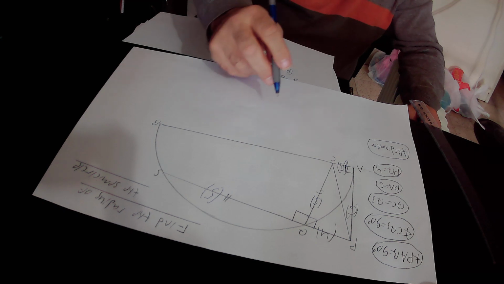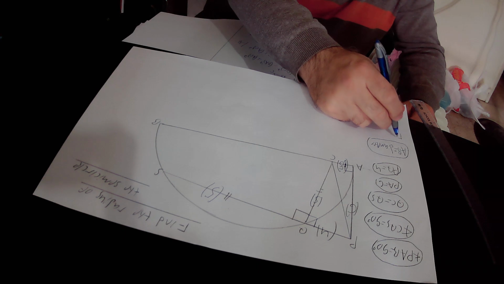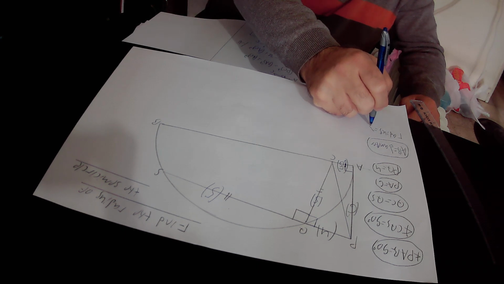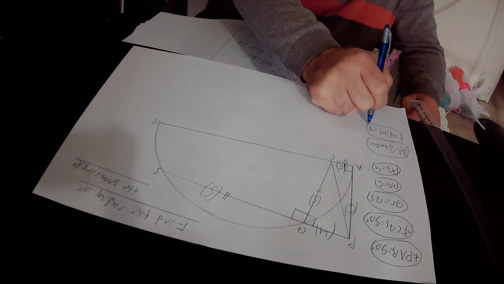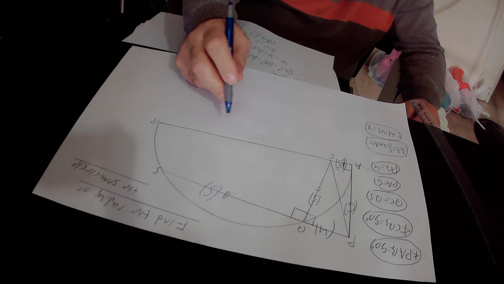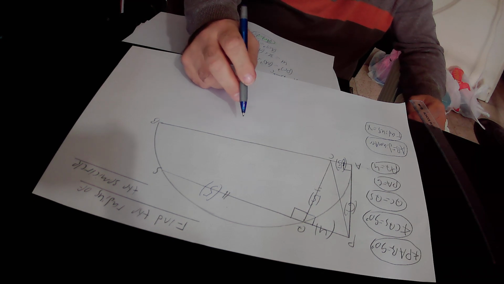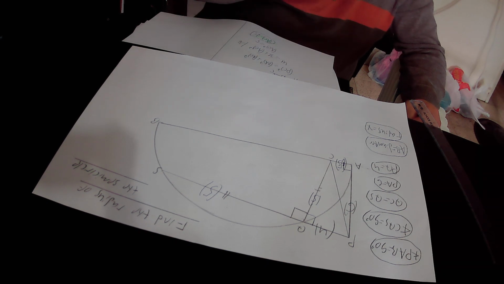If we define the radius of this semicircle as x, again the radius is what we are looking for in this question. We have to find out the radius of this semicircle. So we define the radius as x, and the value of x is what you are looking for in this question.